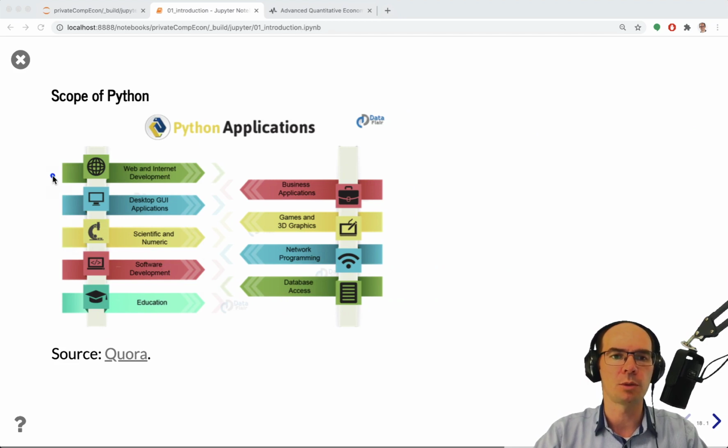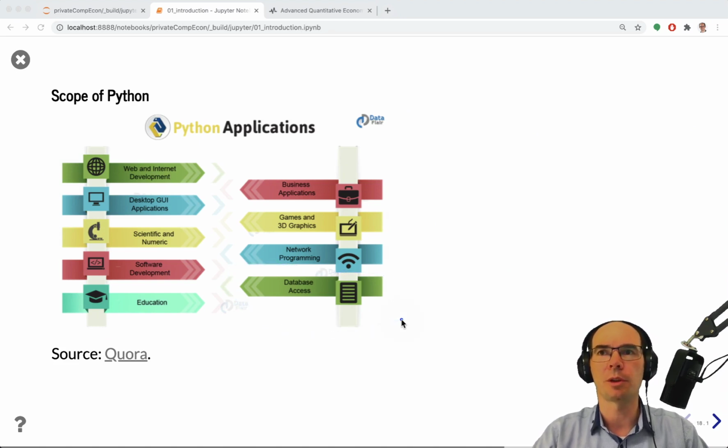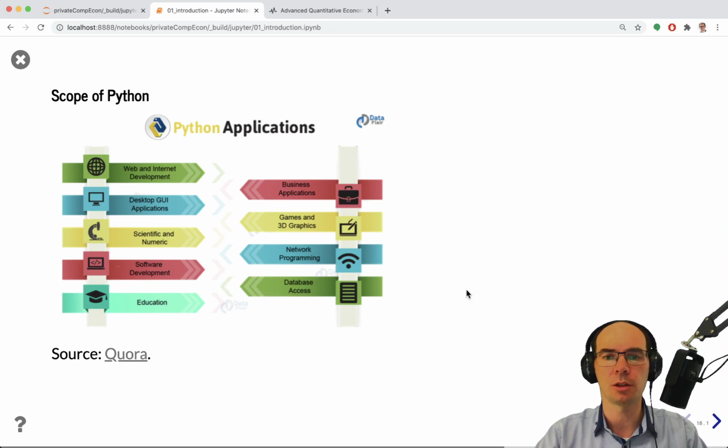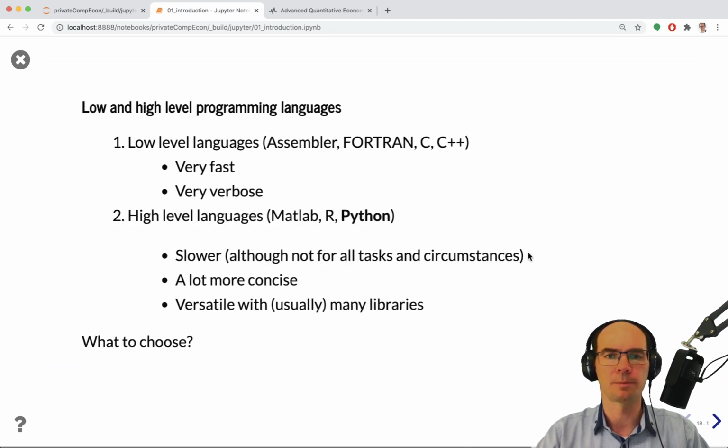But if you're doing web development or desktop applications or business analytics or even games, or you work with data, all of this can be done with Python with appropriate libraries and modules. And did I mention that machine learning can be done in Python quite efficiently as well? So data analytics, generally data science, can be done in Python quite well.